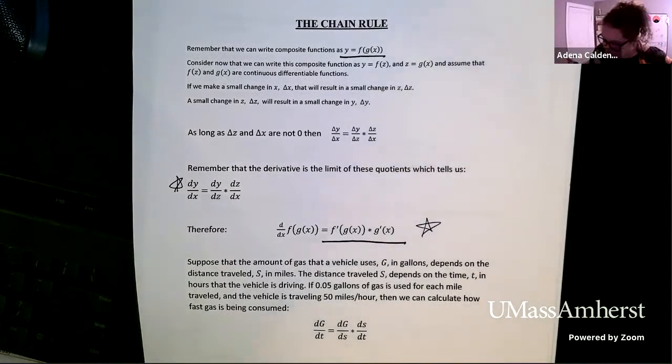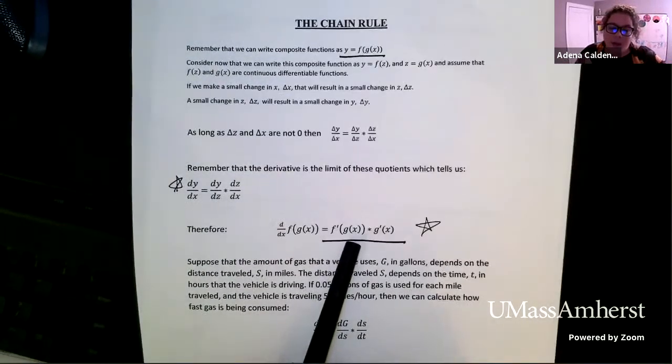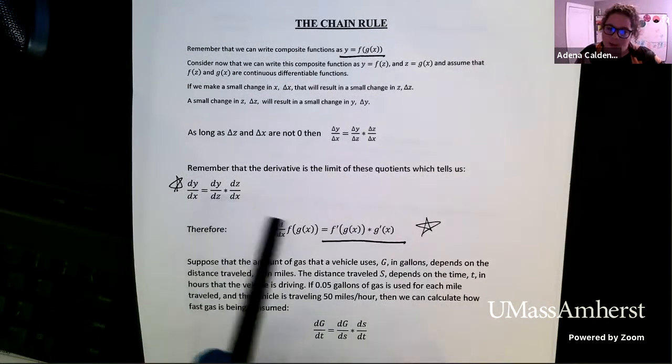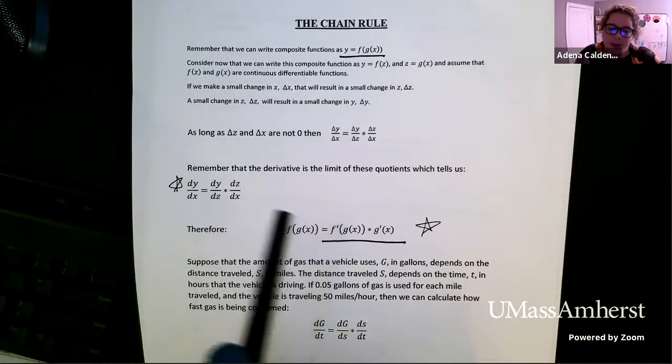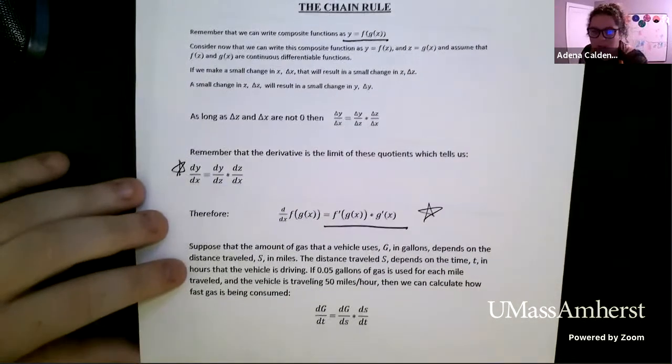So we're going to do a whole lot of problems today where we're applying this method as well as this method, right? And we're going to look at how we set these up, how they differ, how we can apply them, and things like that. But before we get there, let's think about how the chain rule might come up and why we might want to use it. So we're going to look at this example.